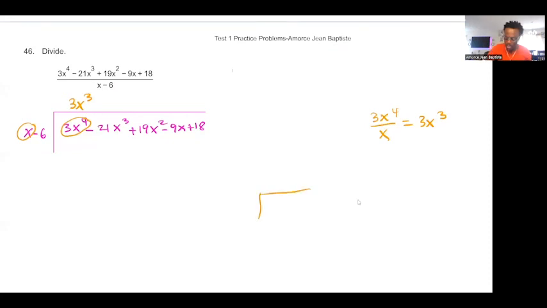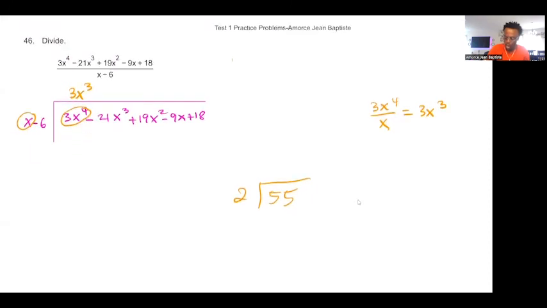If you would divide, I don't know, 55 by 2, you would say, how many times 2 goes into 5? You would say 2 times. So you put the 2 here, multiply 2 by 2, get 4, subtract it from 5. That's 1. Then drop the 5.